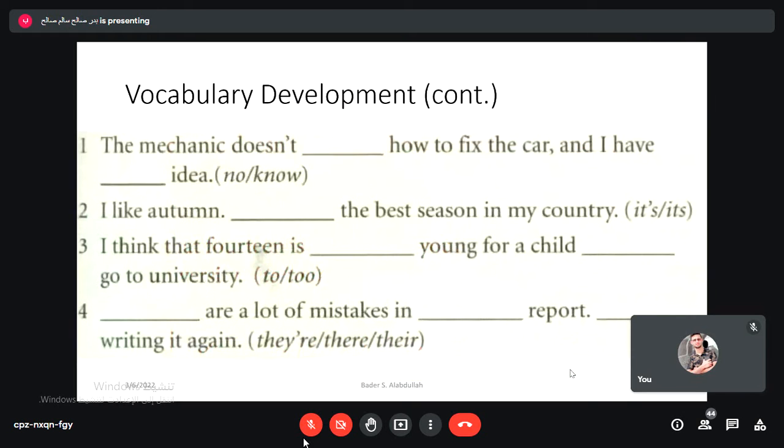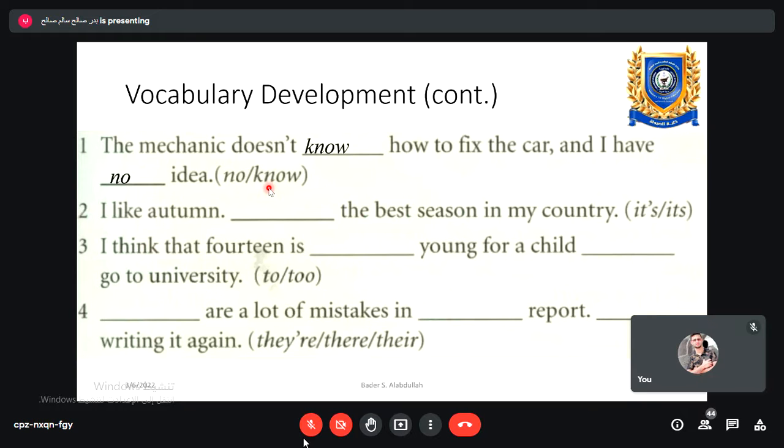Okay, let us do this exercise to practice the homophones. The mechanic doesn't know or no. The first no or the second know? The second one. The mechanic doesn't know how to fix the car, and I have no idea.